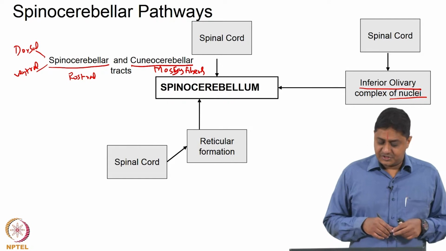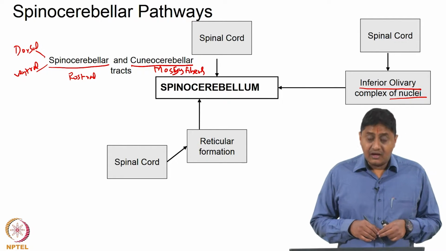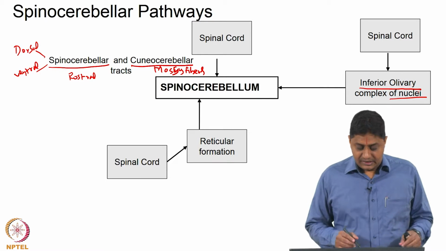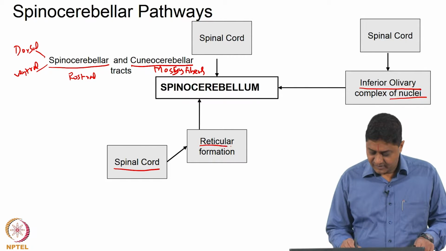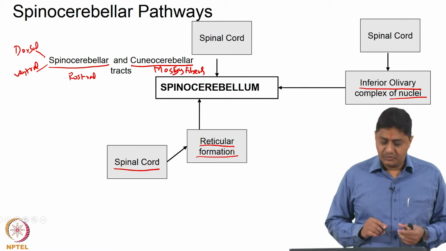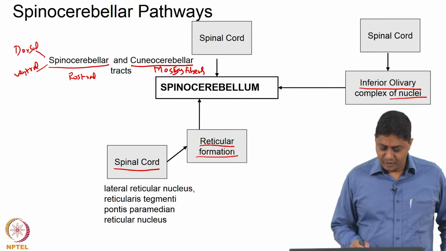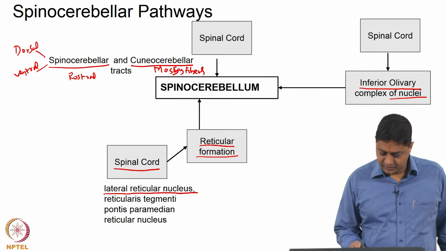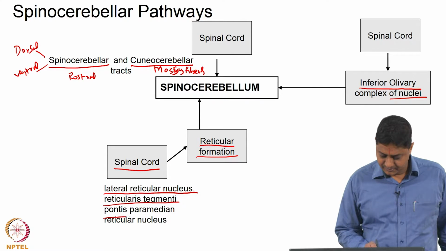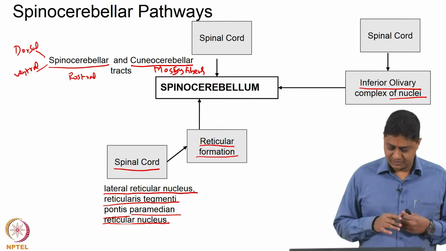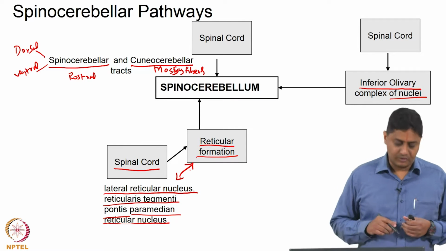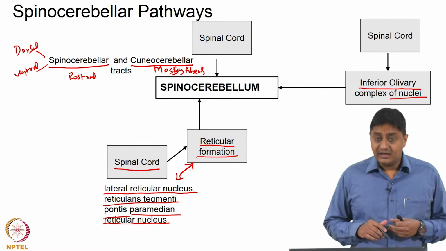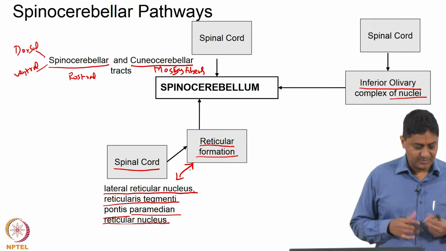From there obviously there is projection to the spinocerebellum. Also spinal cord projects more indirectly via the reticular formation, where the following nuclei are involved: the lateral reticular nucleus, reticularis tegmenti pontis and paramedian reticular nucleus. So, these are 3 nuclei of the reticular formation. Through these 3 nuclei it projects to the cerebellum.